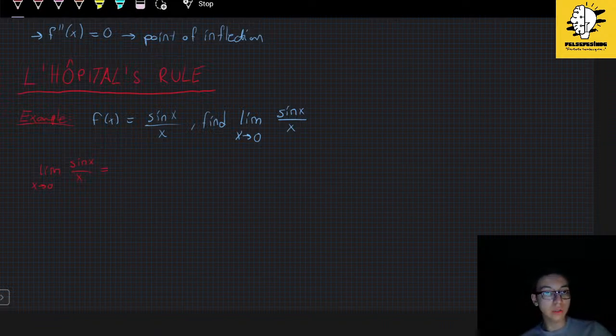What happens if x goes to 0 and sine x? It would go to 0, right? So let's say 0, and x is already going to 0, so 0 over 0. Can we have such a situation? No, because this is indeterminate. You have to write it definitely in this way in your IB paper, and you will say that now it's time to use L'Hopital's rule.